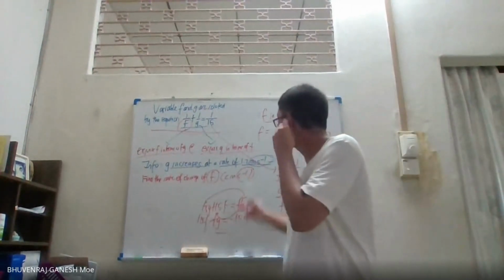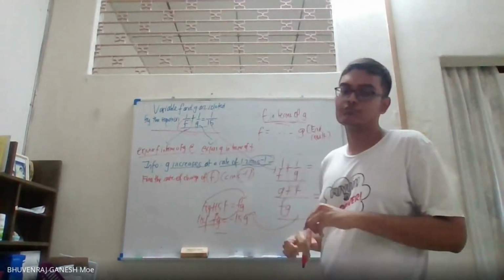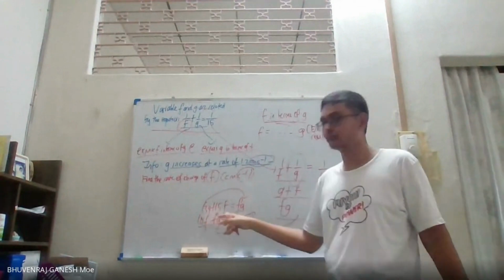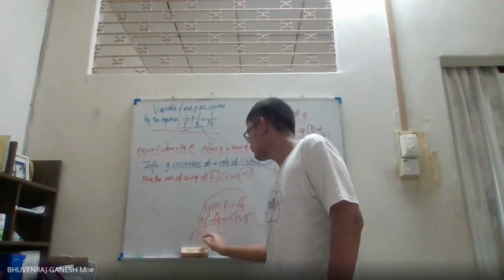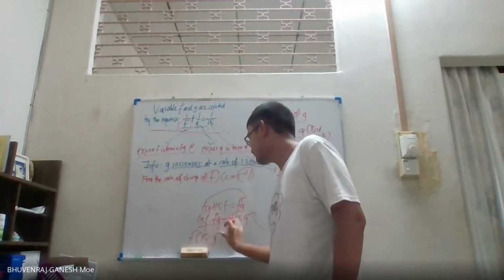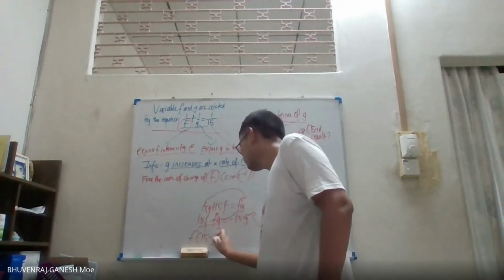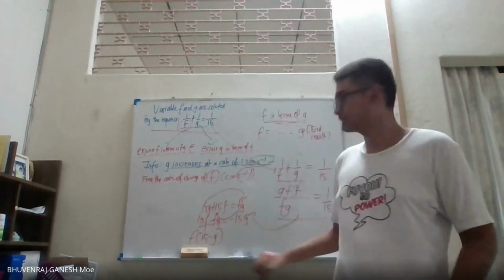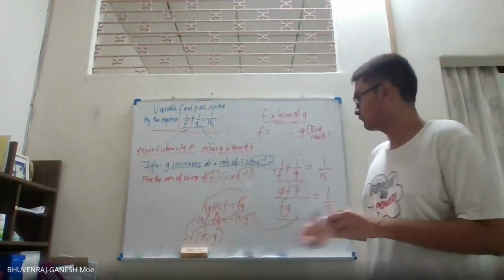So after this, I say f in terms of g, right? So how do you convert this so that it's just f on the left hand side, because it's 15f minus fg? So what I do is I take out the f. So you get f bracket 15 minus g. This is what you call the factorization method. You understand this one, how I factorize from here to here, right?